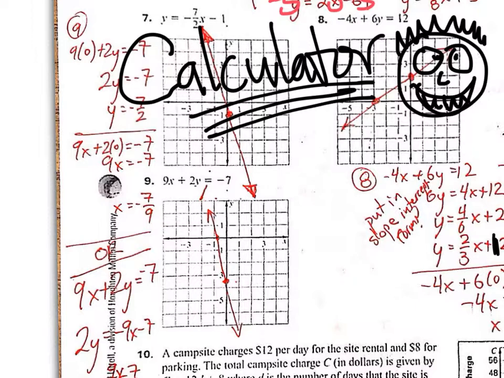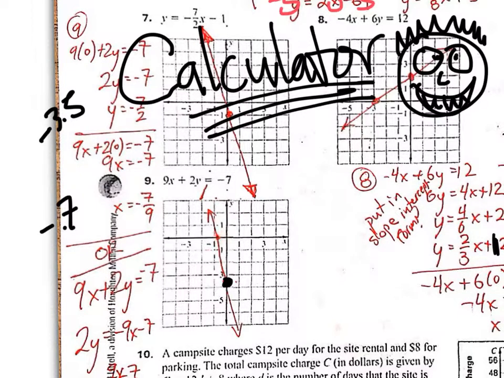For number 9, here we go. I'm plugging in 0 for x and then solving for y and end up with negative 7 halves, which is negative 3.5. So that's this point. And then I plugged in 0 for y and solved for x and ended up with negative 7/9. On your calculator, that would be something like negative 0.7-ish.